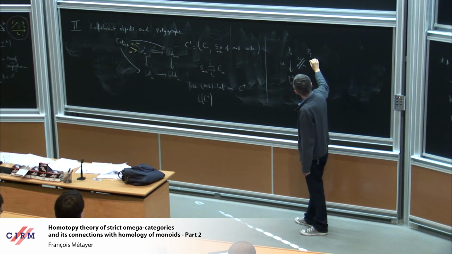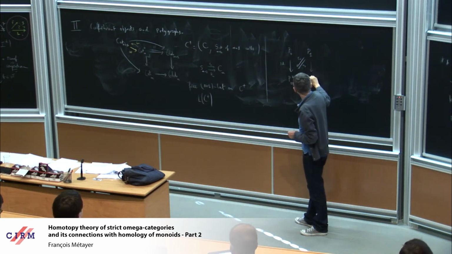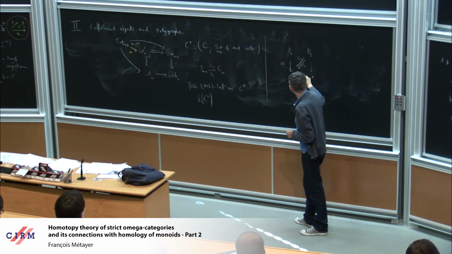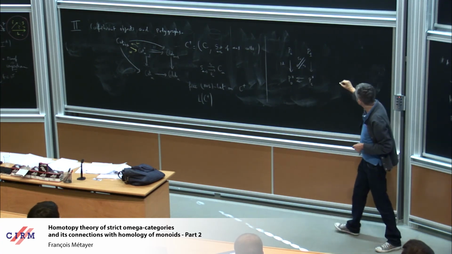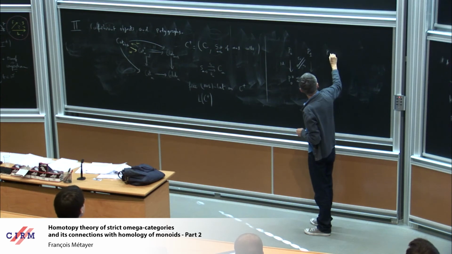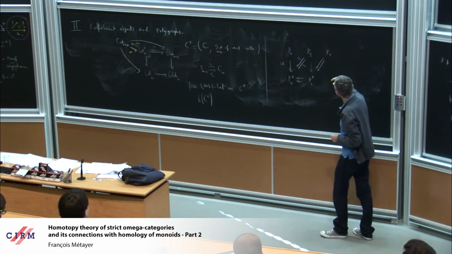Okay. And the functor L produces one category, like this, and so on. So you attach 2 cells over P1 star.